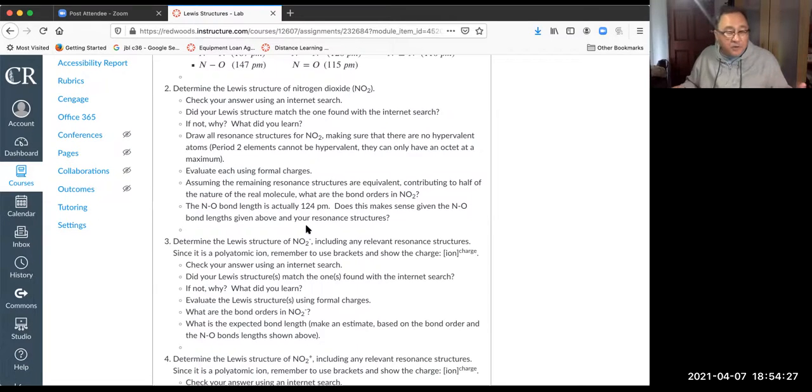I'd expect it to be closer to 130 than it is to 124. That's the only comment I would write. It does make sense because it's in between those two values. However, because 1.5 is halfway between 1 and 2, a single bond and a double, I'd expect the bond length to also be about halfway, which is about 130. But it's not so far off, right?